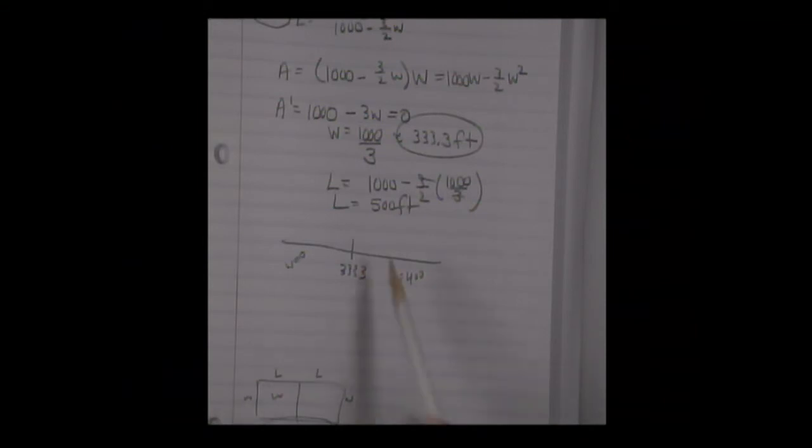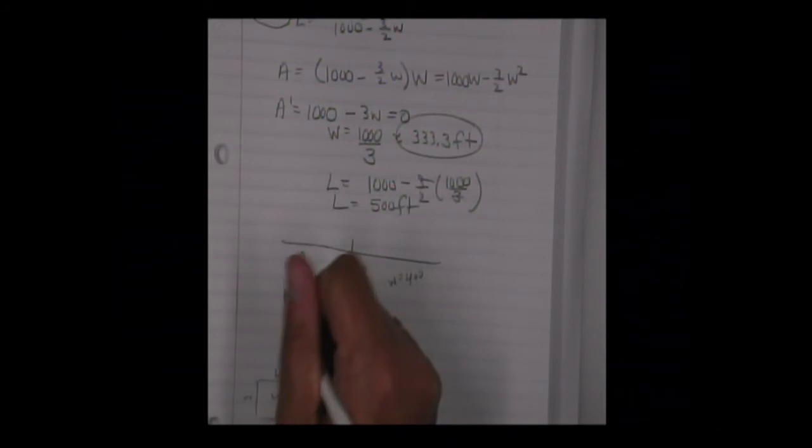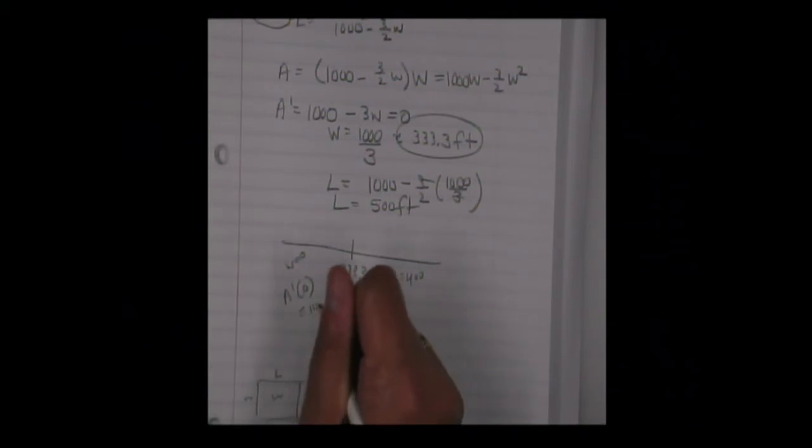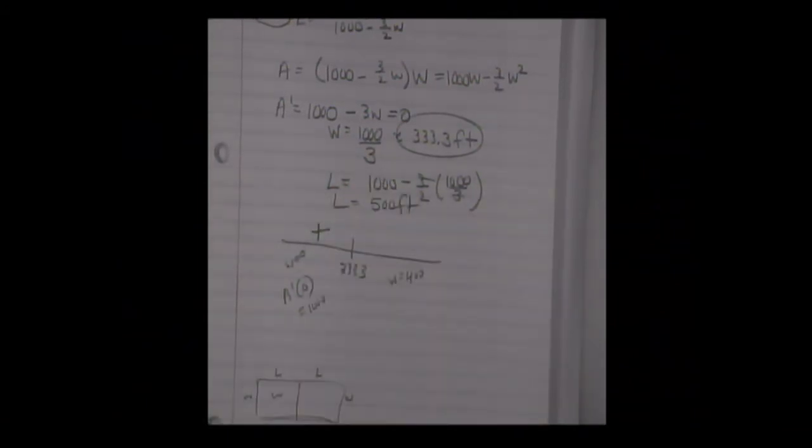Put 0 into the derivative. Here's my derivative. Right, put A prime at 0. When I do A prime at 0, that gives me 1,000. Again, I don't really care that it's 1,000. I care that it's positive. Good sign.